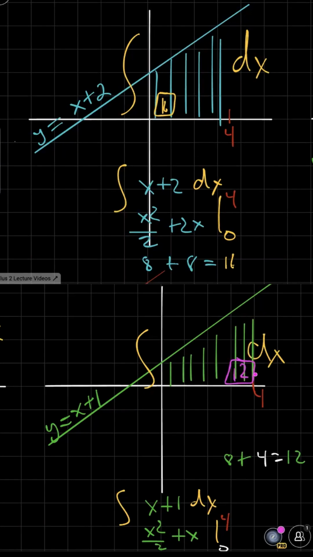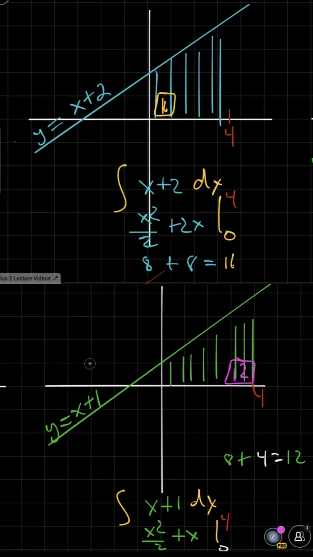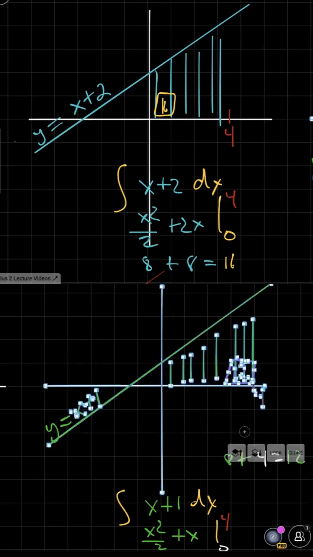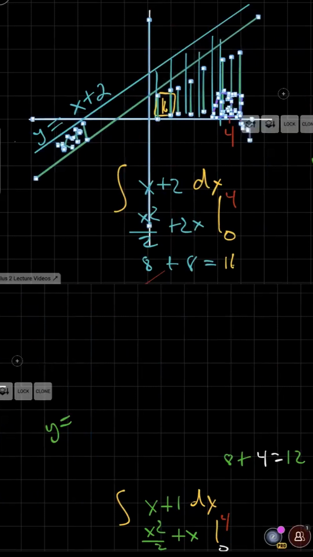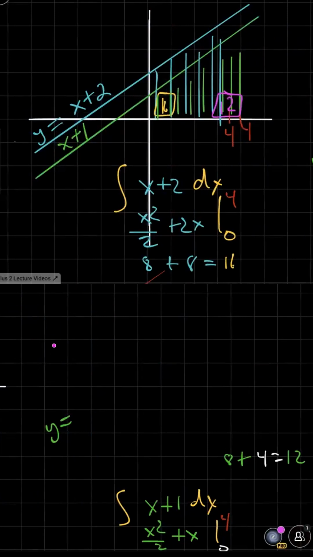So if we wanted to ask what is the area between those two lines, we can visualize this by superimposing these two together. So I'm going to erase these integral functions here and superimpose these two functions, and we see that the area between the two lines is just this area up here.